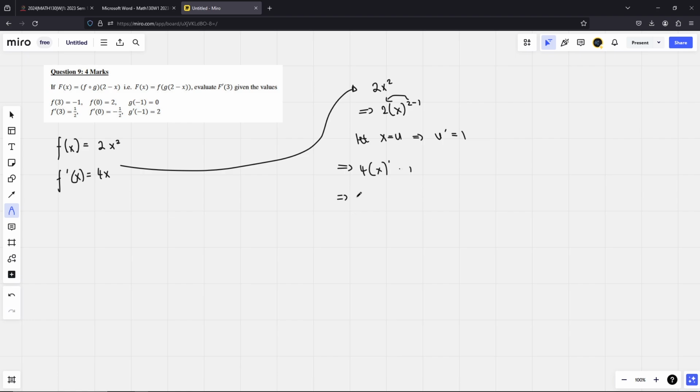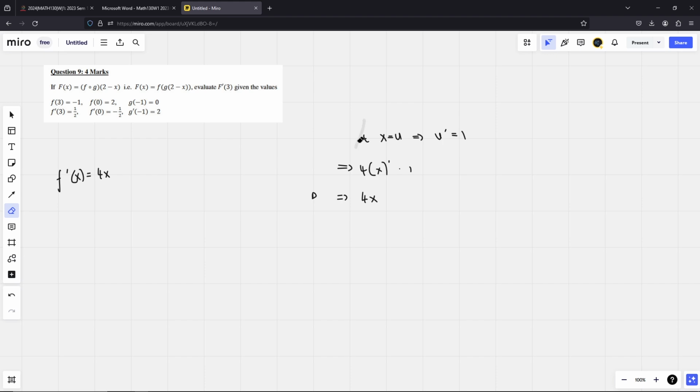If I simplify this, I'm just going to get 4x. And notice that these two are the exact same. So every time we use the power rule, it's just a simplified version of the chain rule.